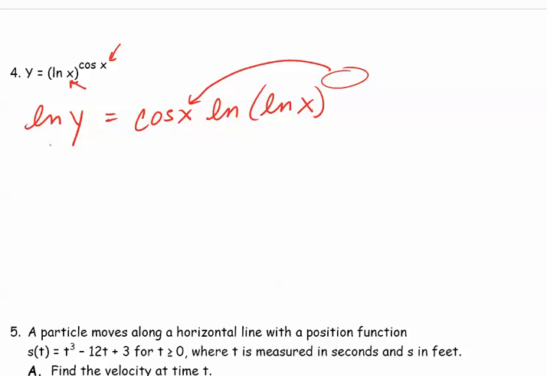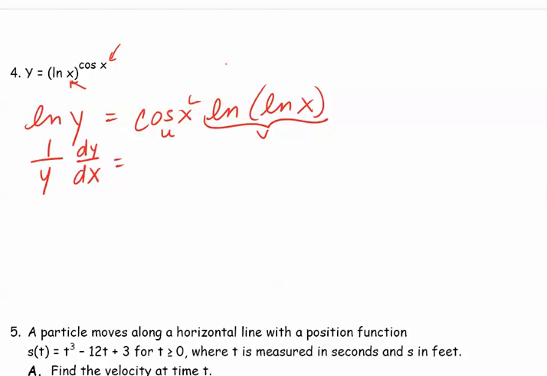So our implicit differentiation, 1 over y with a chain rule on the y. And on this side, we have a product rule. Here's our u function and our v function. So we start out with a product rule, and then this is going to be weird, and this next one we're going to have to do a chain rule because we've got a log inside of a log. All right, so we want to take our u function, cosine x, times our derivative of v.